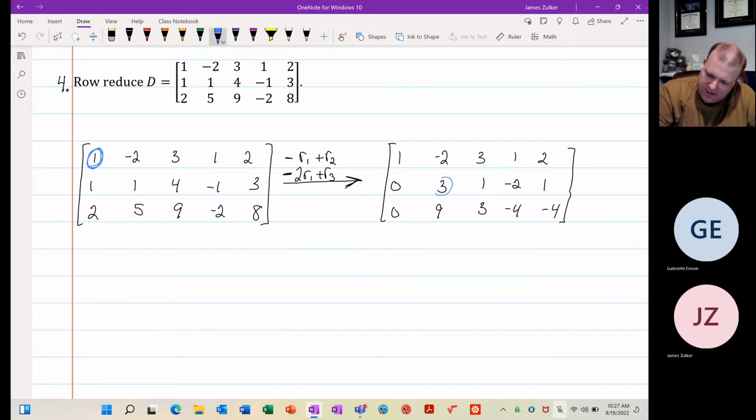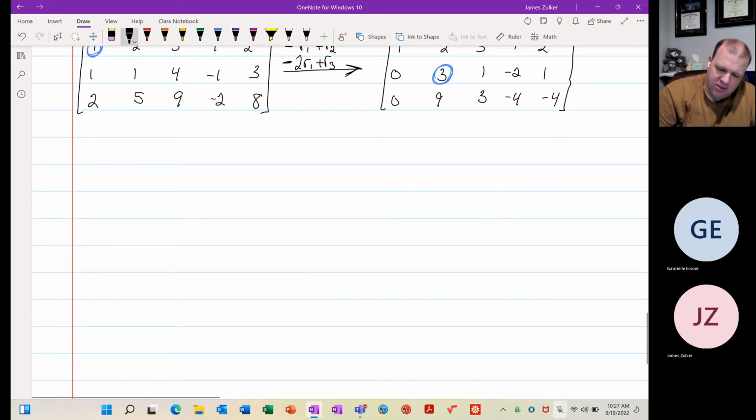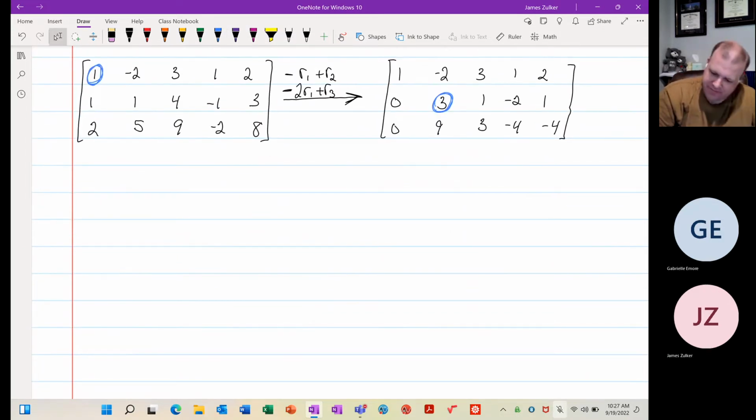Our new pivot is the 3. We need to make it a 1, so let's multiply row 2 by a third.